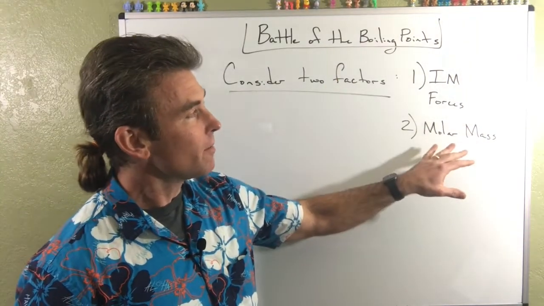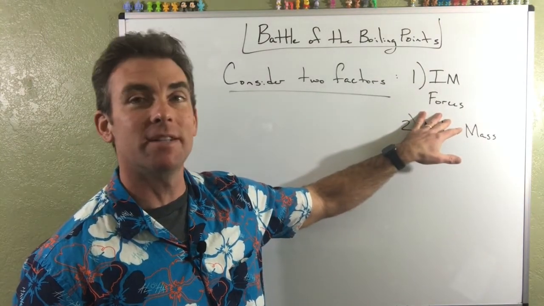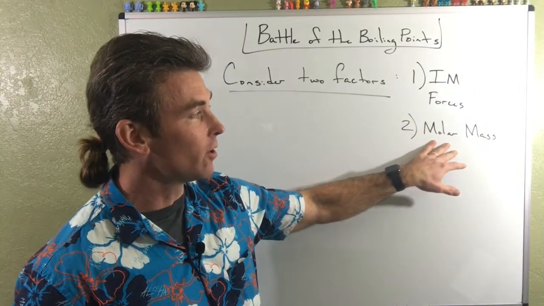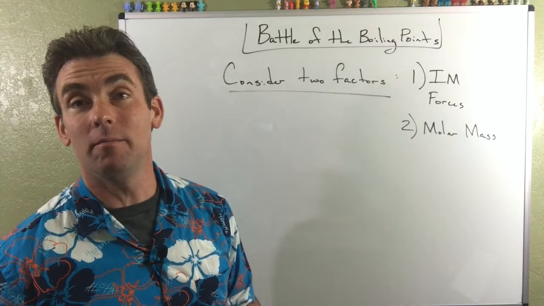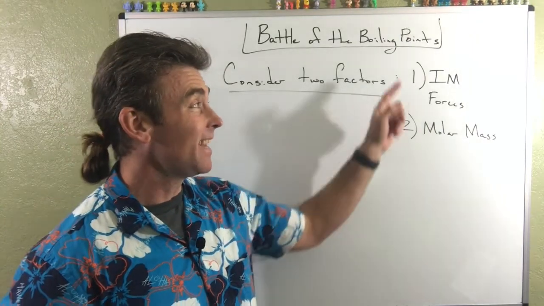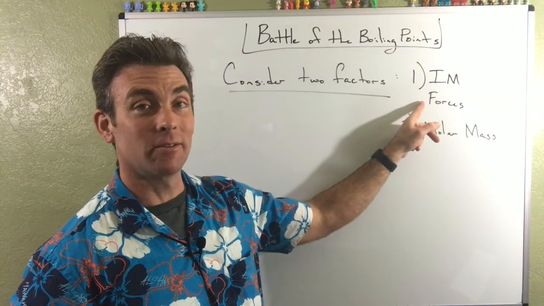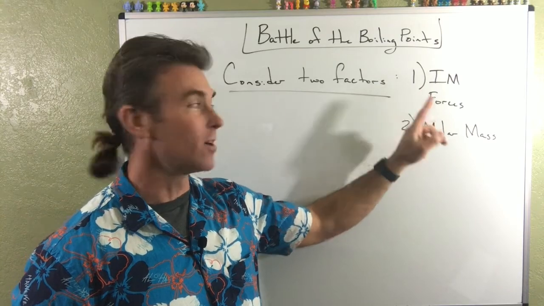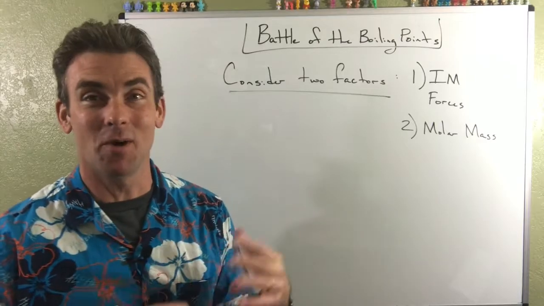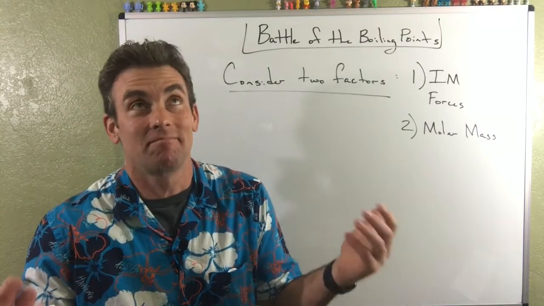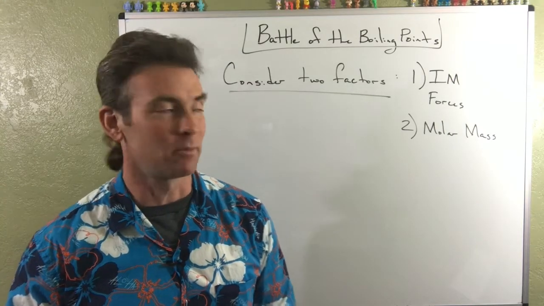You go through and identify all the intermolecular forces based on the structure, and then you see if there's anything screaming at you about the molar mass. Typically, you're going to have the same molar masses with different intermolecular forces, or the same intermolecular force with different molar masses. I'm not usually going to play the game where I switch two on you and ask you to judge it, but you probably could after viewing a couple of these examples.